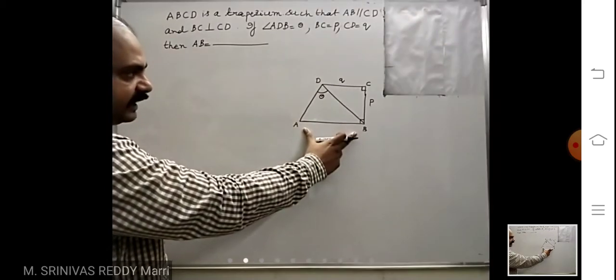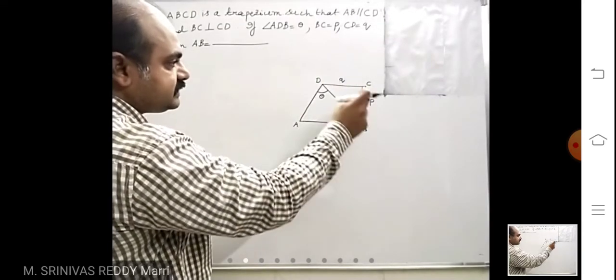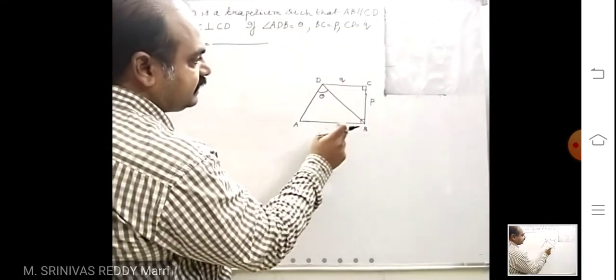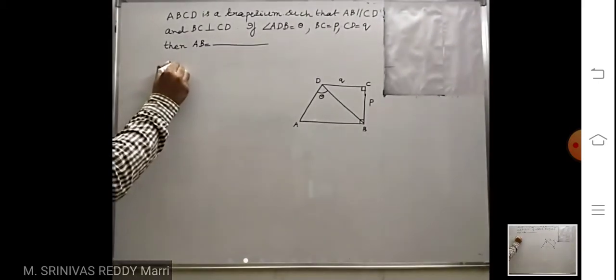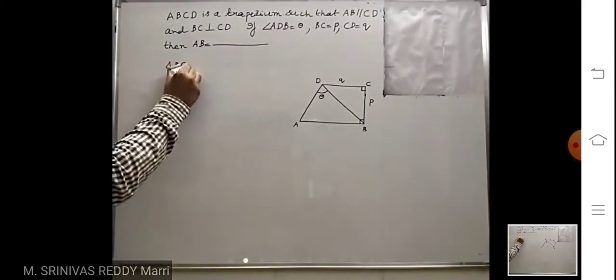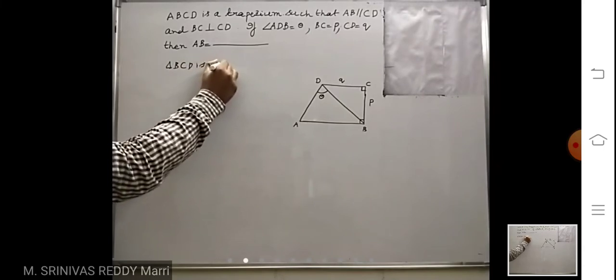Now if you look here, triangle BCD is right angled.